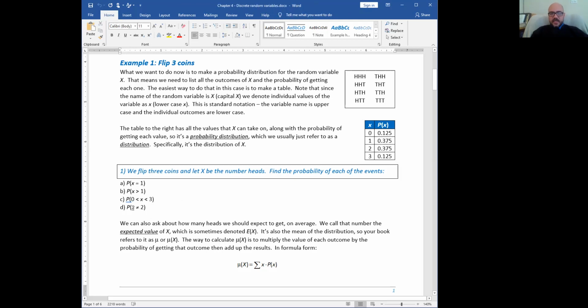And the probability that x does not equal 2, there's 2 ways to calculate this. We could add up, so x not equal to 2 includes 0, 1, and 3. So I could add up the probability of x equals 0, x equals 1, and x equals 3, or I could subtract from 1, which is what I'm actually going to do because that's easier. So x not equal to 2 is going to be everything except this.